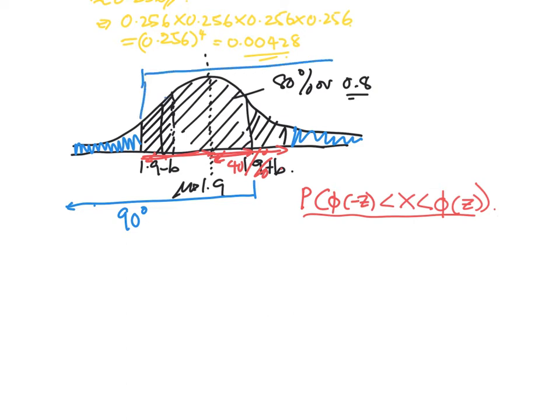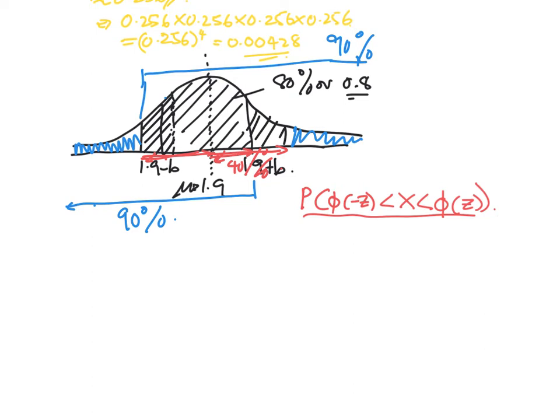It's always 90% on both sides. So I can look at a normal distribution graph or table and find out what is the z-score for 90%.